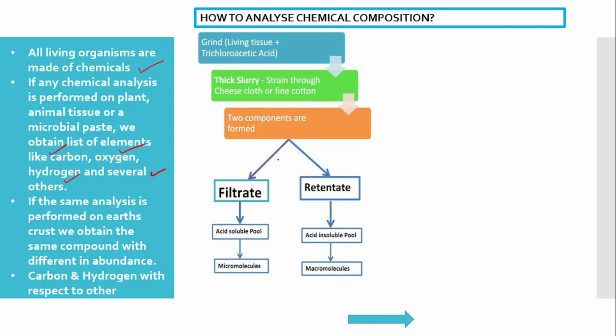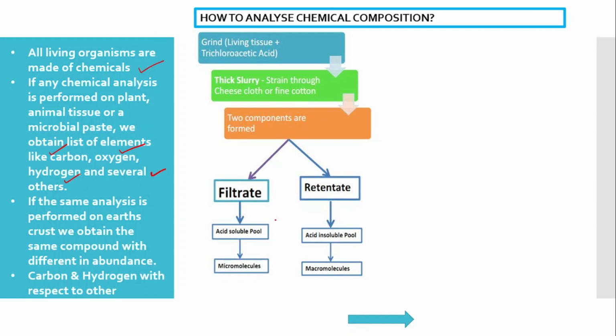You obtain two components from that thick slurry. One is the filtrate, which passes through the cheesecloth, and the other is the retentate, the remaining material on the cheesecloth.